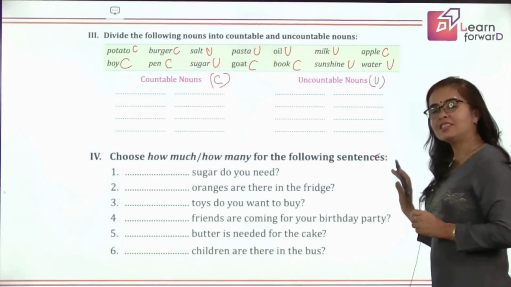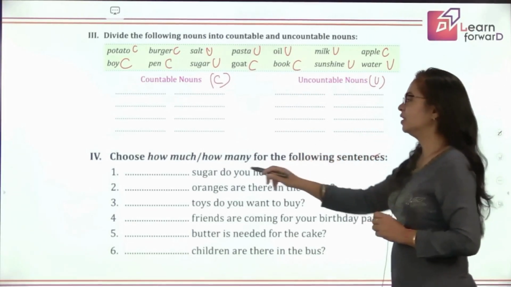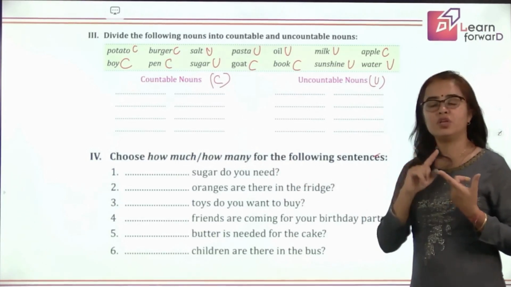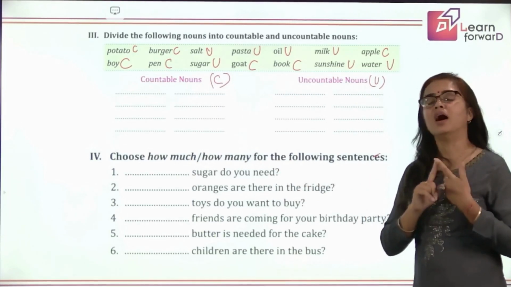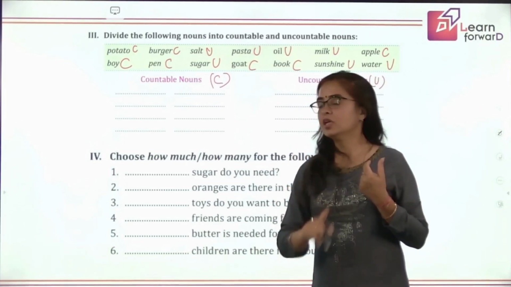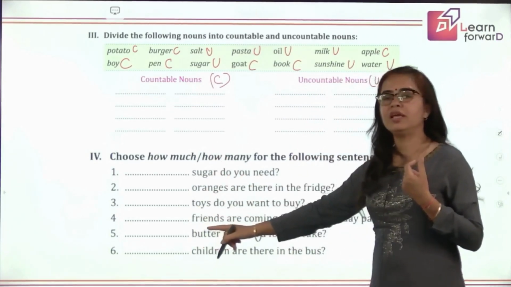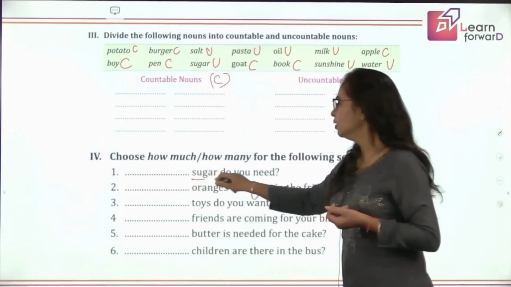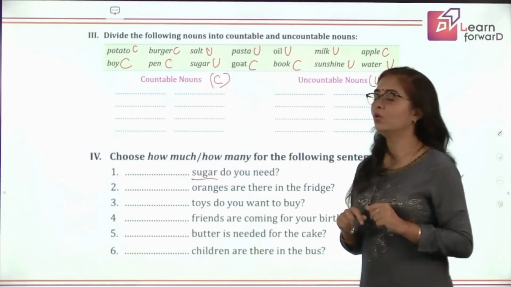Now next is also the question on this. How much and how many? I told you that we use how much for uncountables and how many for countables. So we'll be doing only 2, 3 here for you to understand. Sugar. Is it countable? No, it's uncountable.